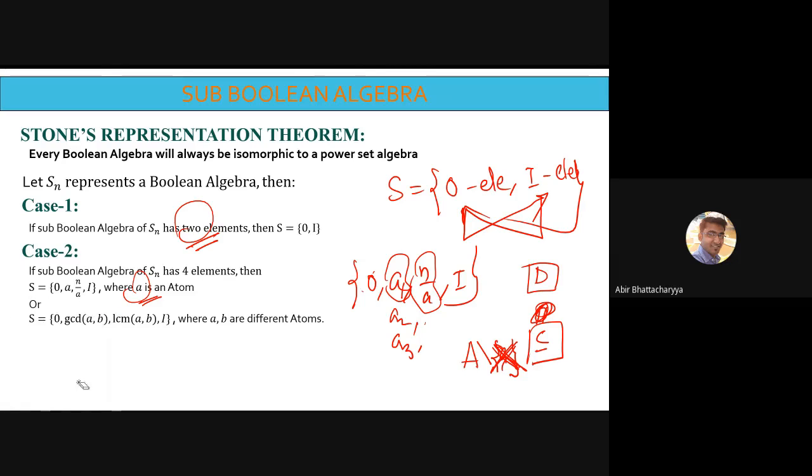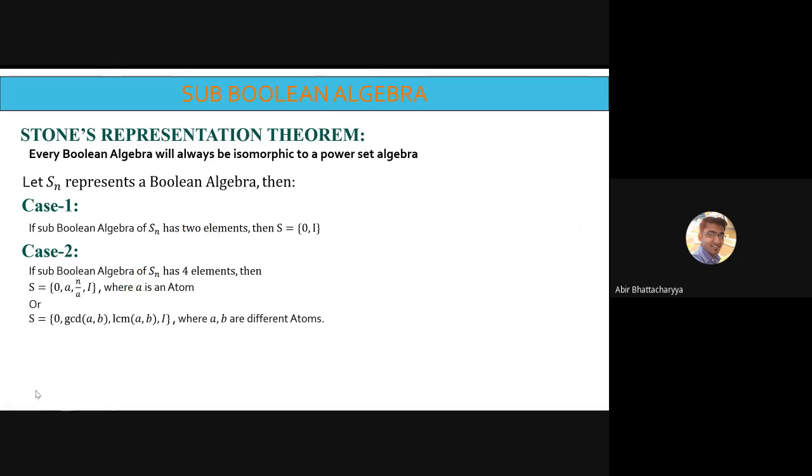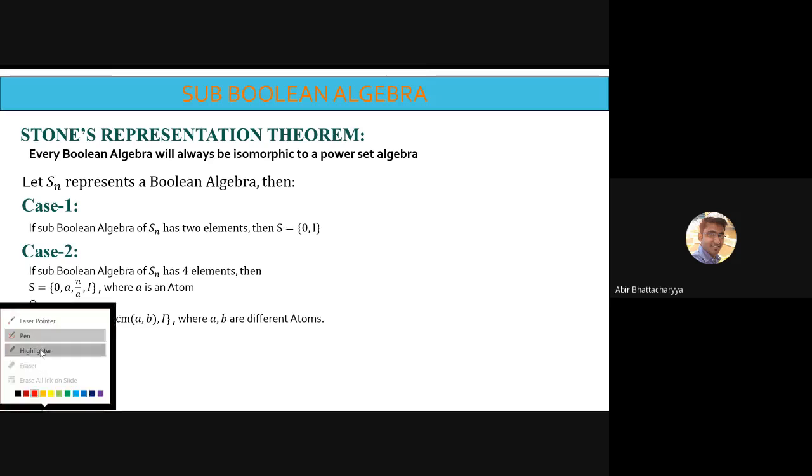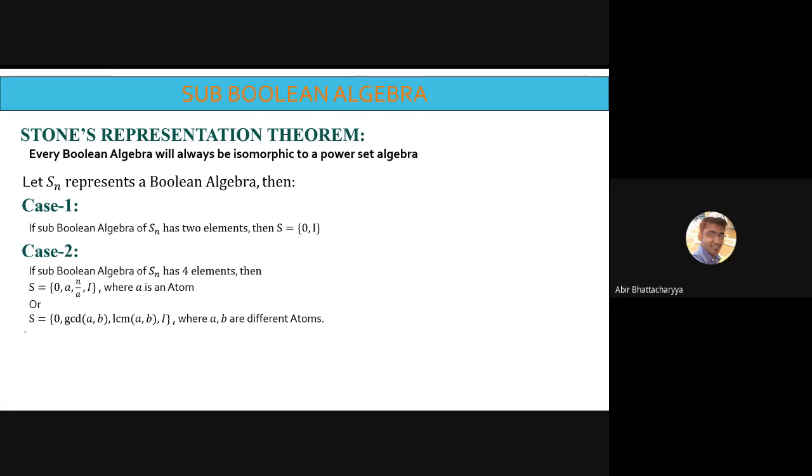Now another possibility of case 2, the 4 elements, is 0, GCD, LCM, I. If you check in some cases, if I take the GCD of 2 different atoms, you will always get the old set after calculating the second part.